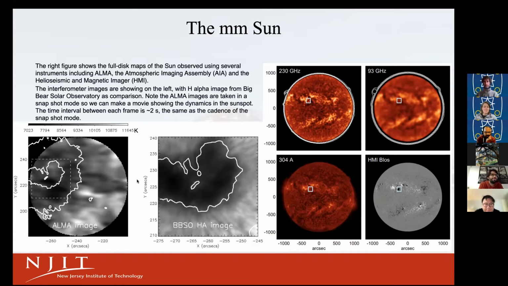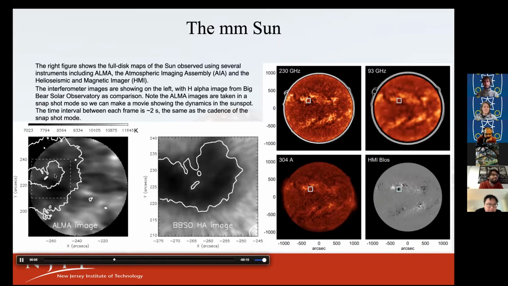Let me show you if I can play this. You can see as the movie goes, we see the feature, and the oscillation appears in this sunspot region. This dashed line marks the field of view in the Big Bear Solar Observatory H alpha image.